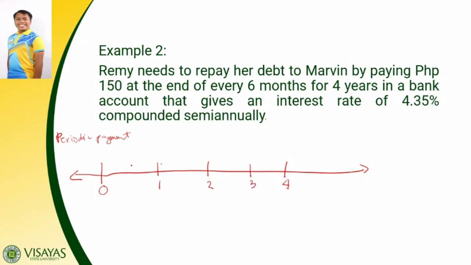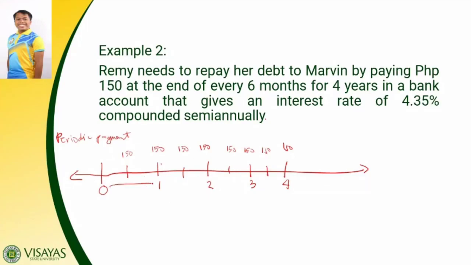Every 6 months, for 4 years. So every 6 months, he pays 150. Then in another 6 months, 150 again. And again 150, until the 4 years are done. So how many terms does it have? We have 1, 2, 3, 4.